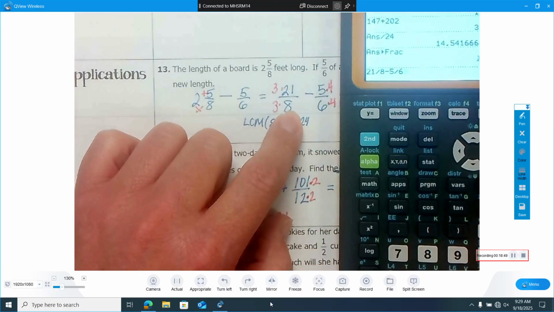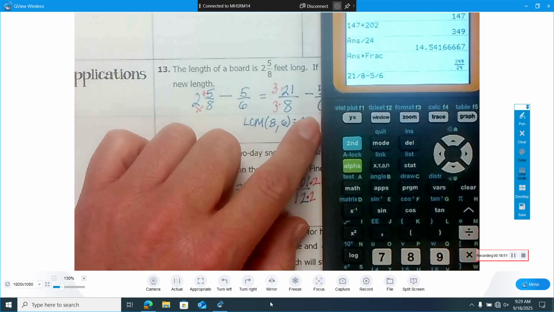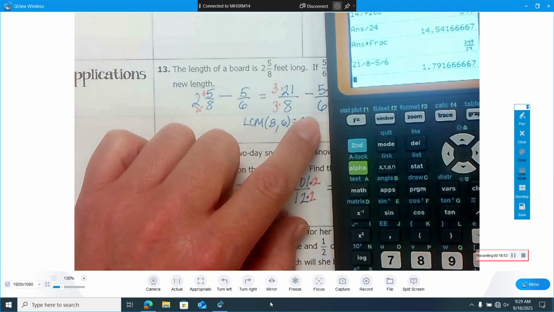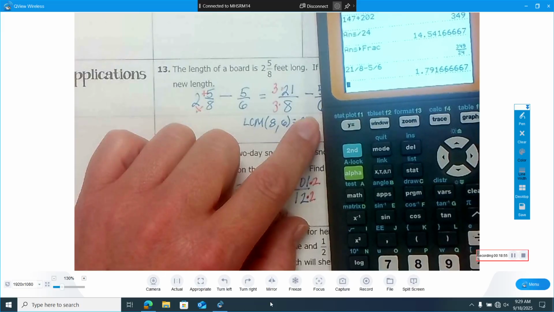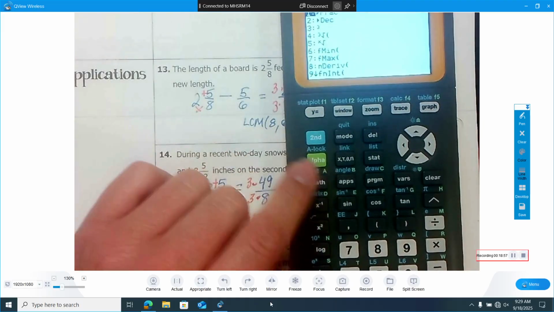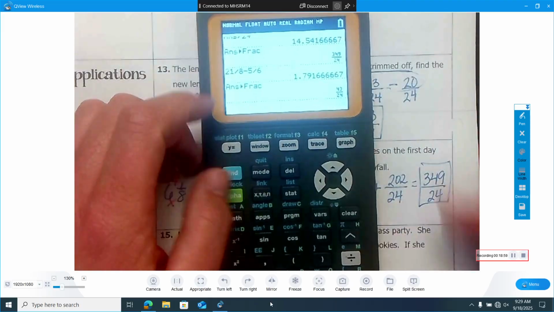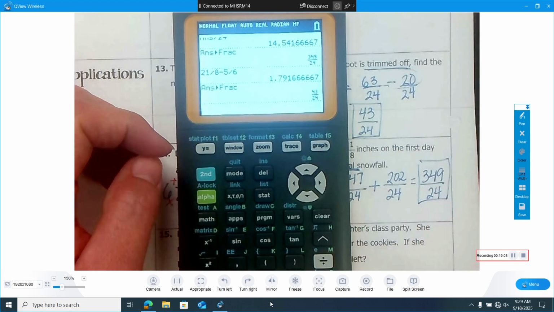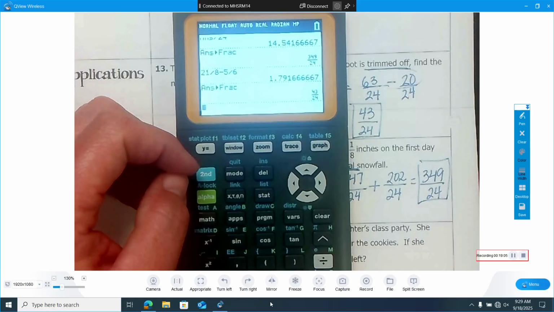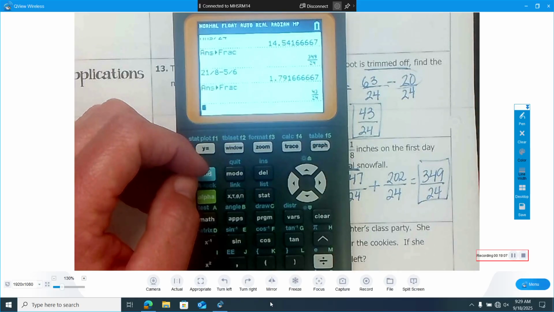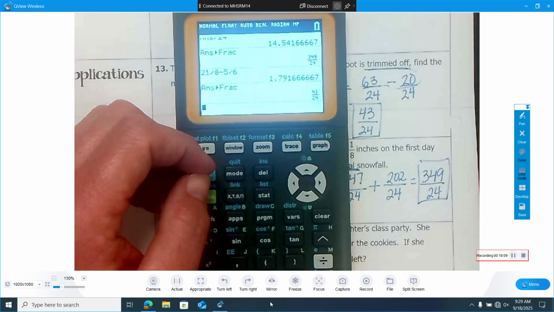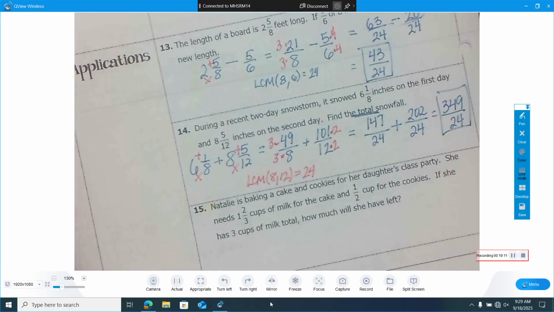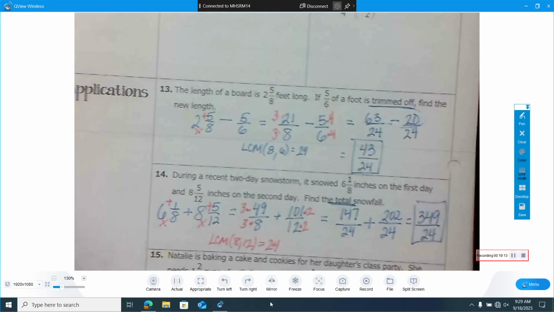And hit enter. You get a crazy decimal, and then how are you going to turn it to a fraction? Math bracket. Math frac. So you can check all of your answers pretty simply on your calculator, okay? How many do you have to show the whole work for? Half of the problems, okay? The other half you can do on your calculator. I think that's fair, okay?